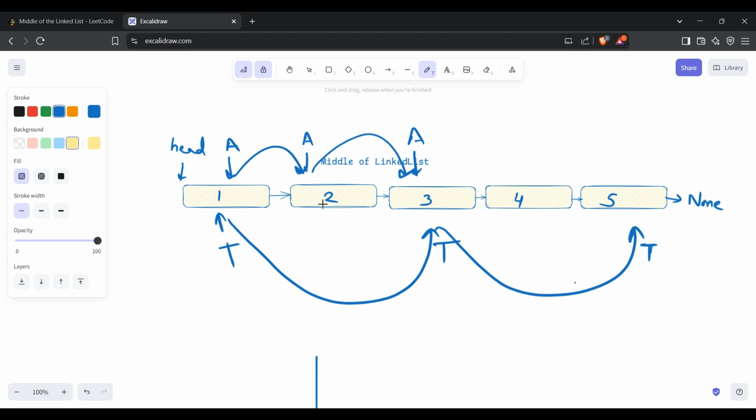That means this is the total distance a pointer can move. Therefore, by applying this intuition, we can say that the node at which A is currently, that is exactly the middle node. I hope you understand.